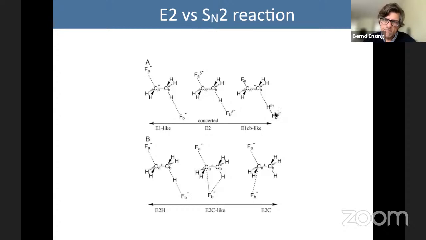Or maybe first the proton is going, and then after the proton is completely gone, the fluorine will go. So that could be the spectrum of possible transition states. And then there's a competition with SN2 reactions, because the fluorine can grab this proton here, but it could also do an SN2 reaction here, actually. So it could replace this fluorine on the carbon.